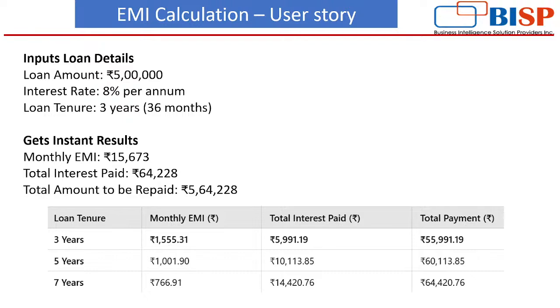And if we go for 7 years, EMI is lowest, but interest amount to be paid is highest. So after analyzing, Jack chooses the 3-year tenure because he would save around 4,000 compared to the 5-year option as well as the 7-year option.